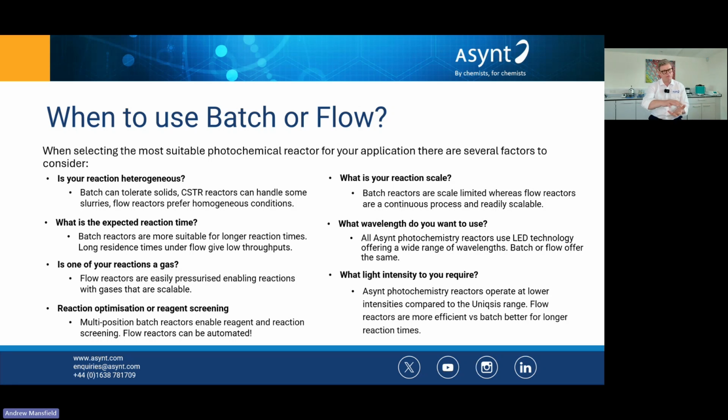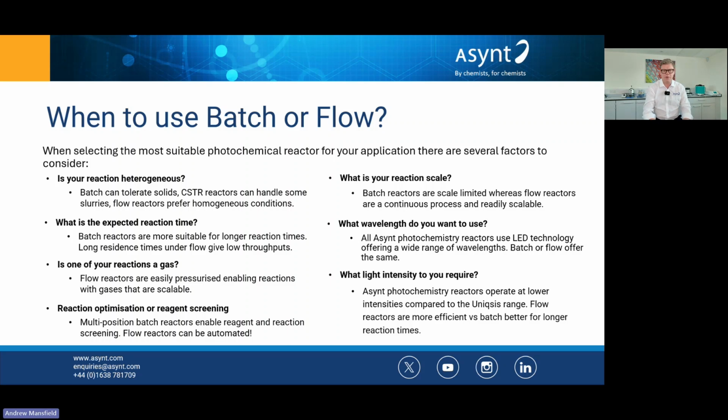So they're really nice traditional methods where we get uniform irradiation of multiple reactor vials. That's a technique that most people are more familiar with. We can automate flow reactors and explore those different conditions, but that's another level of complexity. If you're familiar with automation with flow chemistry techniques, then that's accessible. But if we want to look at the basic reactor optimization or reagent screenings, those multi-position batch reactors might be preferable.